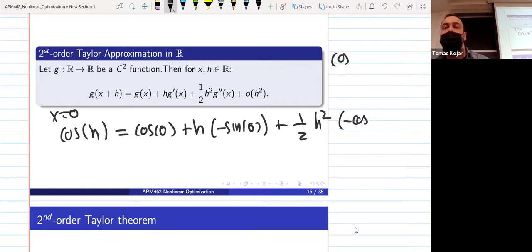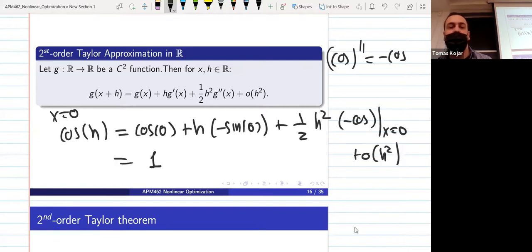The double derivative of cosine is minus cosine, at x equals 0, and then o(h squared). All right, this guy is 1, sine of 0 is 0, cosine of 0 is 1. So you get minus a half h squared, and then you get o(h squared).